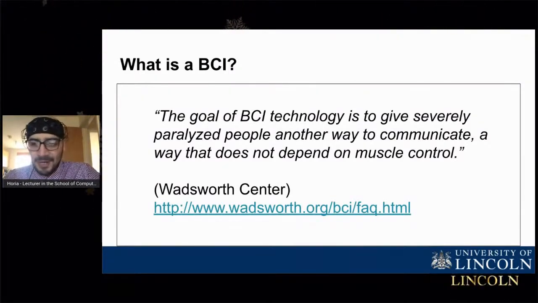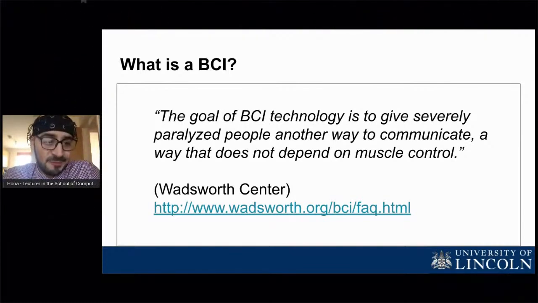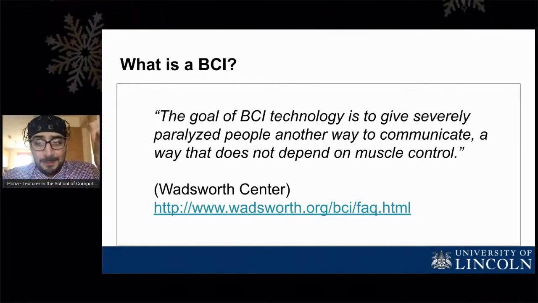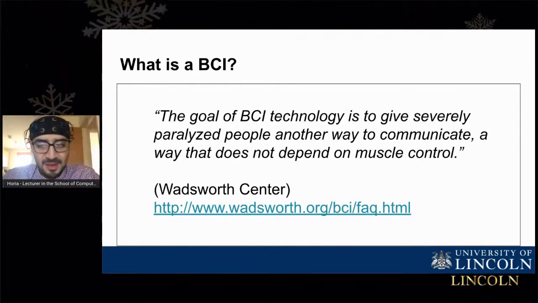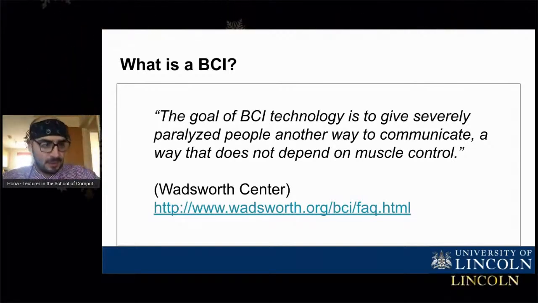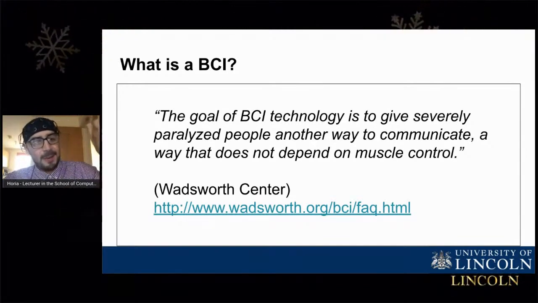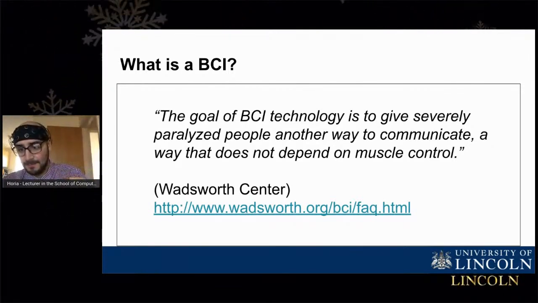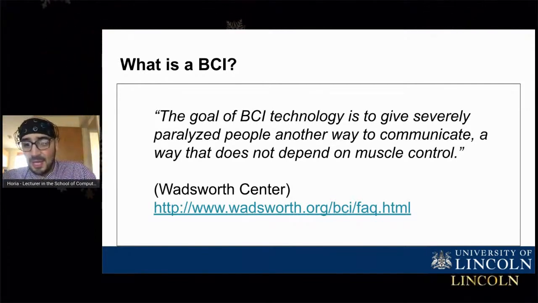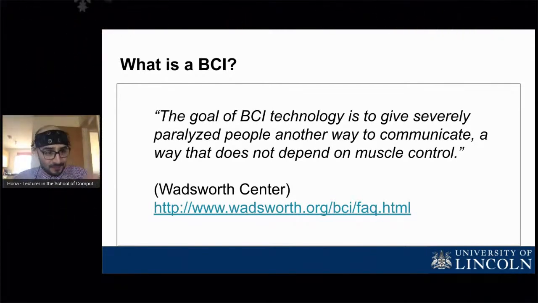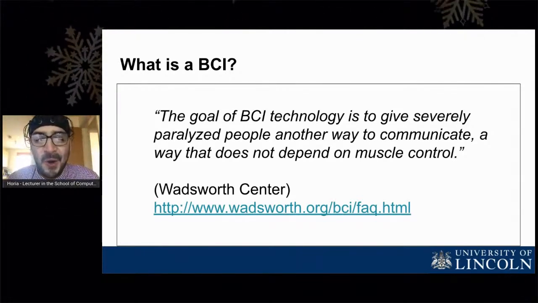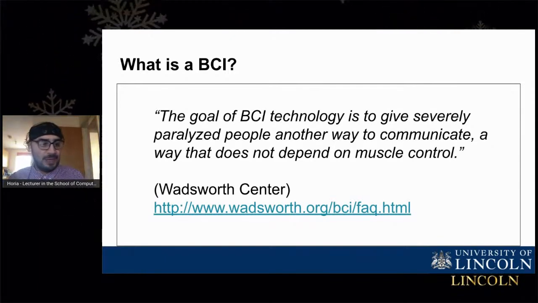The goal of brain-computer interfaces, or in general just brain scanners, is to give severely paralyzed people another way to communicate, one that does not depend on muscle control. And this definition talks specifically about a clinical population, patients who are suffering from a condition, people who perhaps are paralyzed, who cannot move, and for them, a brain-computer interface or a brain scanner like this is the only way they can communicate to the outside world.